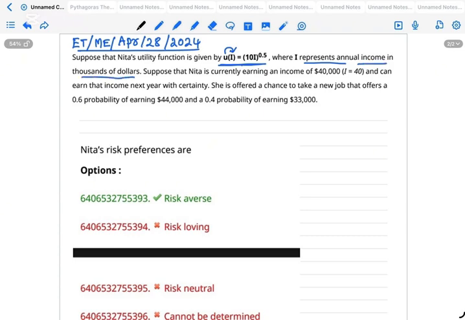Suppose that Nita is currently earning an income of $40,000, that is, I equals 40, and can earn that income next year with certainty.